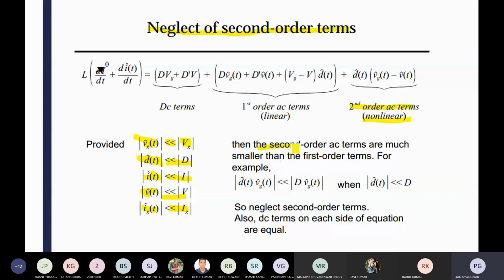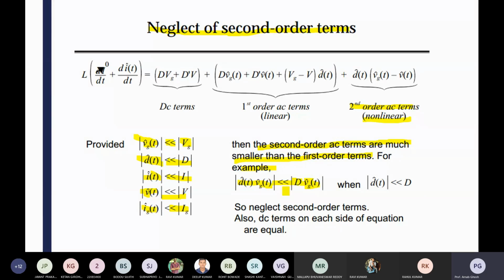Then the second order AC terms are much smaller than the first order terms. For example, d cap t into v cap t, v cap g is very much less than D into VG. Basically, it is your DC value. The DC value has a significant amount of value, while this term is significantly less.